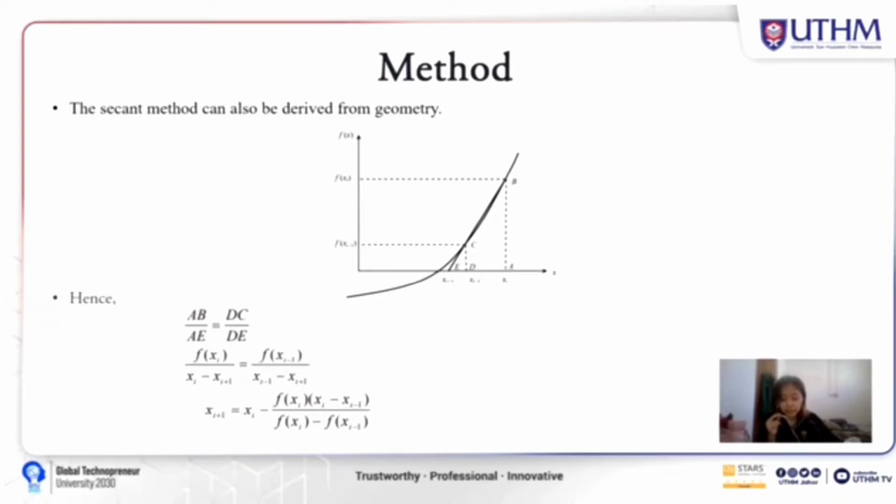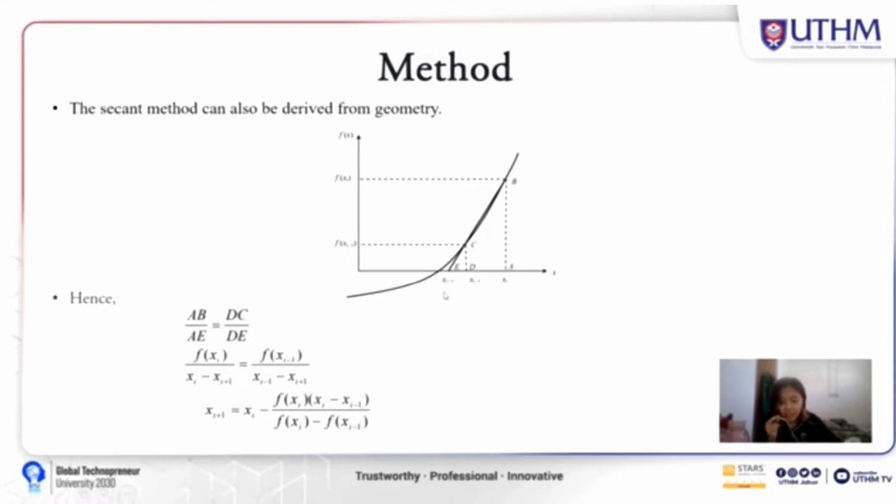The secant method can also be derived from geometry, as shown in the figure in the slide. Taking two initial guesses, x_{i-1} and x_i, one draws a straight line between f(x_i) and f(x_{i-1}), passing through the x-axis at x_{i+1}.